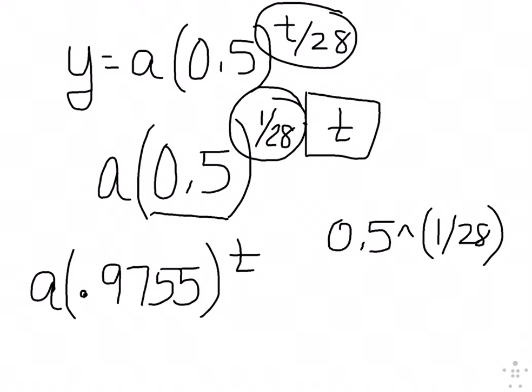What's 1 minus 0.9755? 0.0245. And if I made that into a percent, how much would that be? 2.45%.